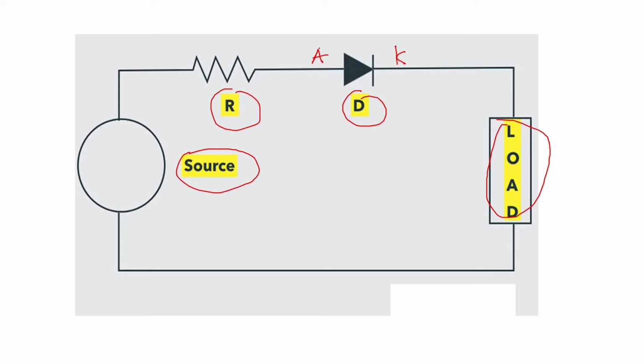It is acting as an on switch. Whenever the anode is negative with respect to the cathode, the diode will be in reverse bias condition and it is taken as an off switch. This biasing of the diode, whether it is forward bias or reverse bias, makes it on or off, and depending on that, it can be used as a switching device.